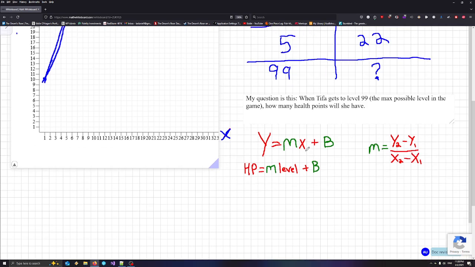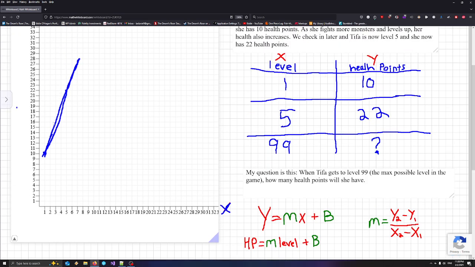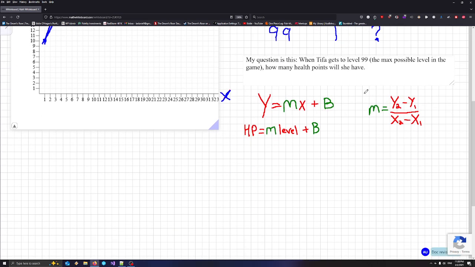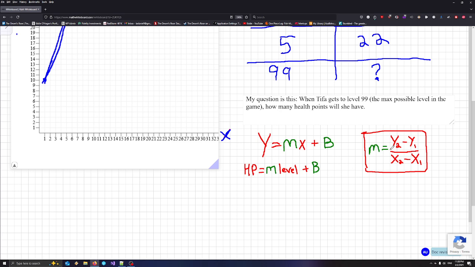Slope is another way of thinking of how steep this line is. So we have our formula there for slope.